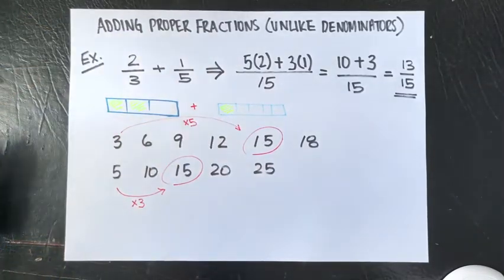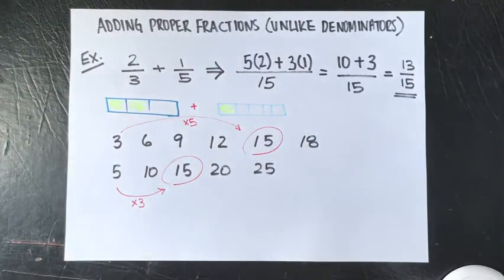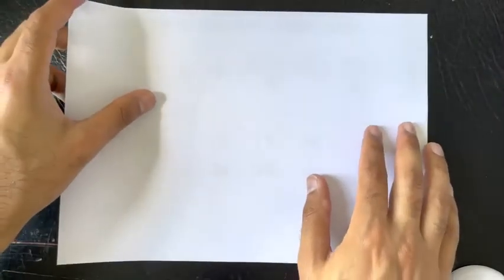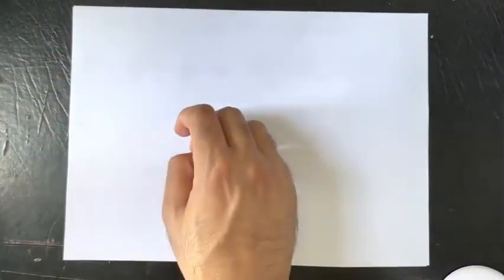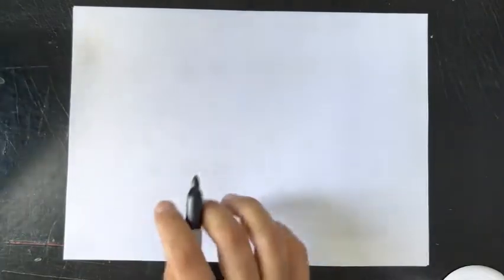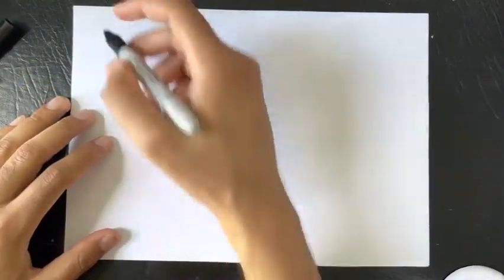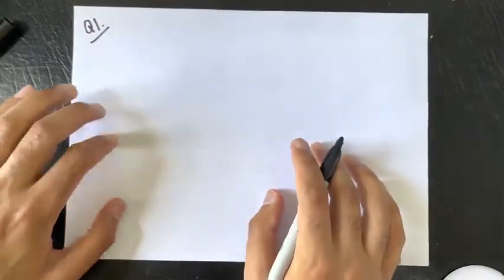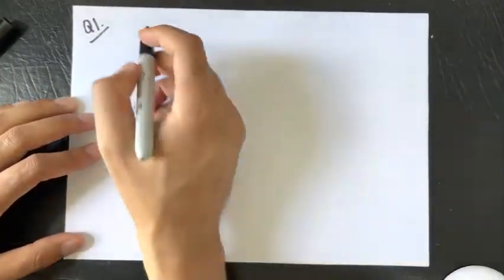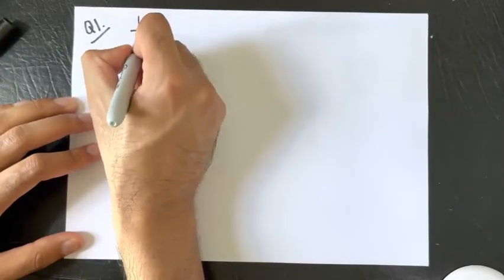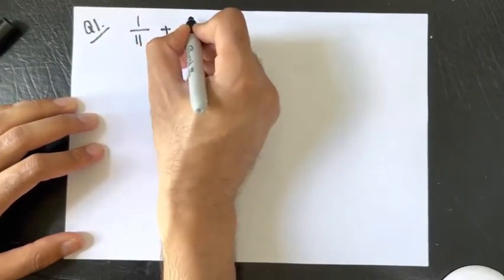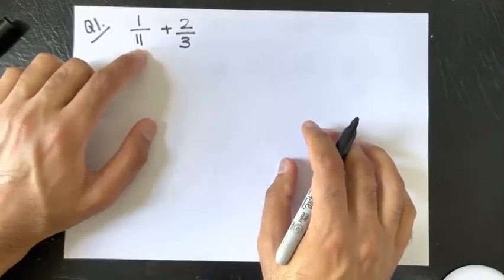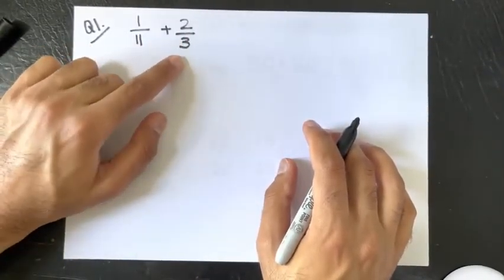Okay, so we'll do another example. So you've got 1 over 11 plus 2/3.